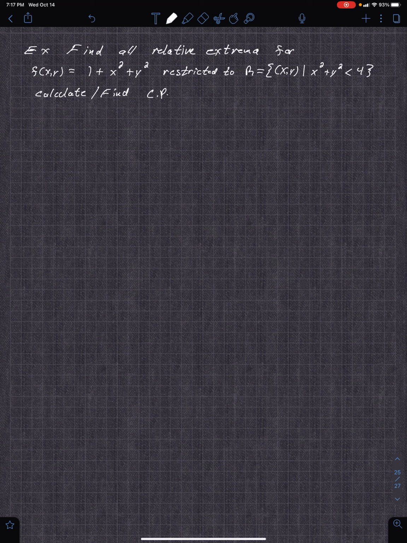So for critical points, we do the partial of f with respect to x. That's just 2x. And then the partial of f with respect to y. That's just 2y. And then you basically solve that system. Now this one's pretty easy, but the process will always be the same. So that implies, pretty obvious, 0, 0 is a critical value. Okay, so the only critical value.